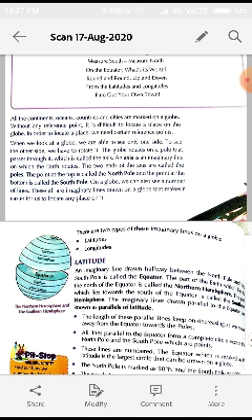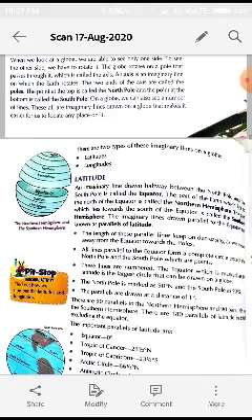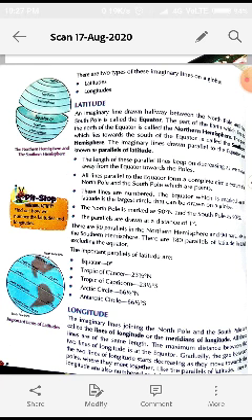These are all imaginary lines drawn on a globe that make it easier for us to locate any place on it. There are two types of these imaginary lines on a globe: latitudes and longitudes. First, we will discuss latitude.